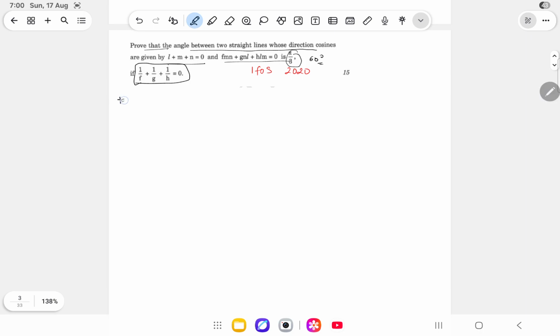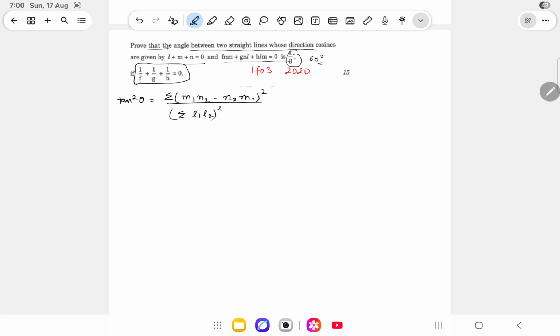We know that tan square theta must be equal to the summation of (m1 n2 minus n2 m1) whole square upon the summation of L1 L2 whole square.